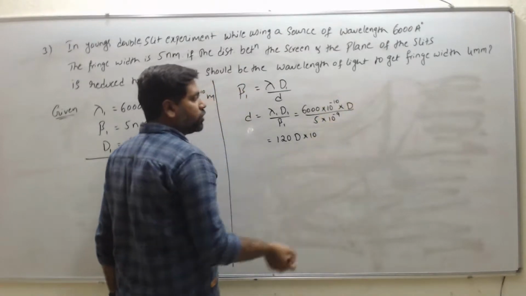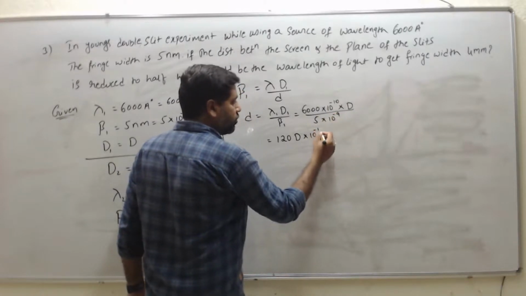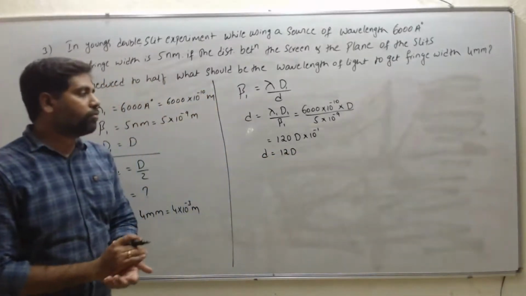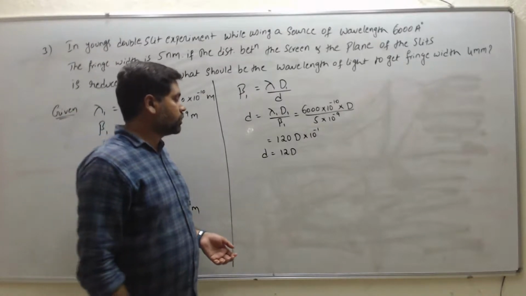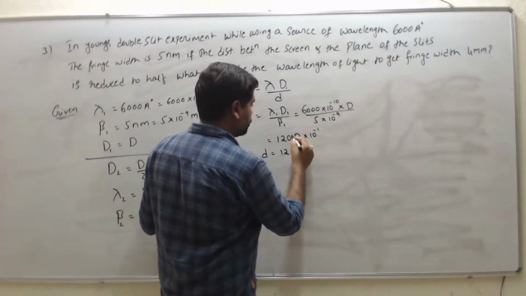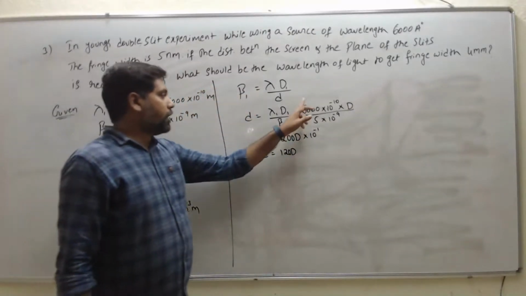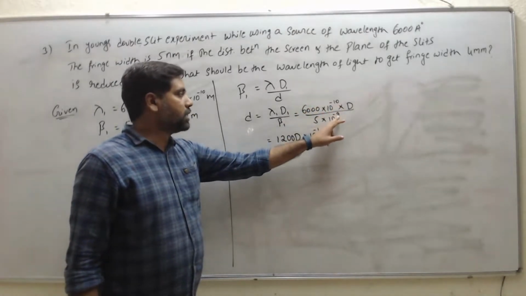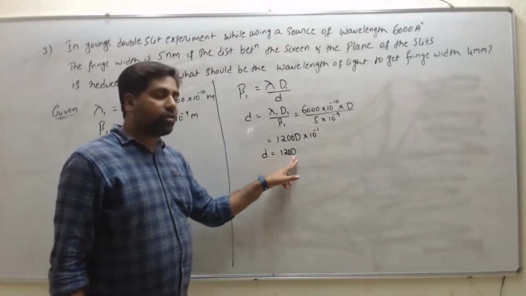If we shift minus 9 to the numerator, it becomes plus 9, minus 10 plus 9 is minus 1, so 10 to the power of minus 1. If we divide 1200 by 10, we get 120 D. So small d equals 120 D.